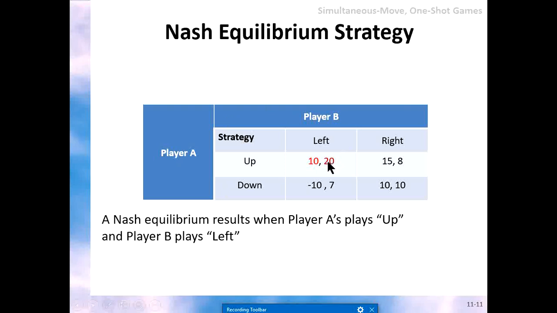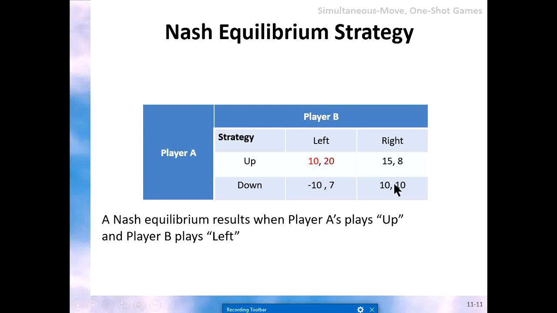Correct? But if player A chooses down, then he will have minus 10 or plus 10, and player B may have plus 7 or plus 10. So if player A chooses down, this is not a strategy where player A has the highest payoff.